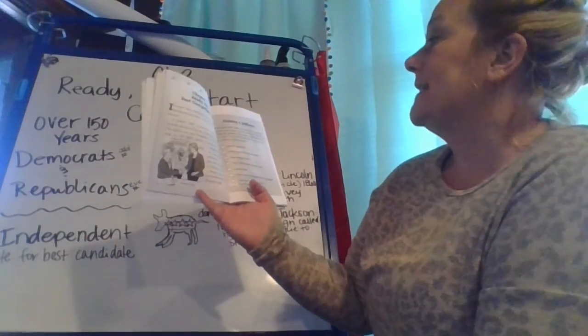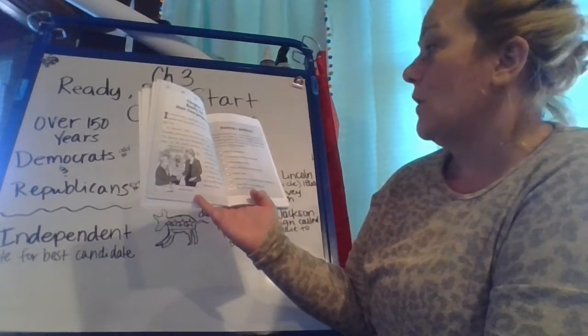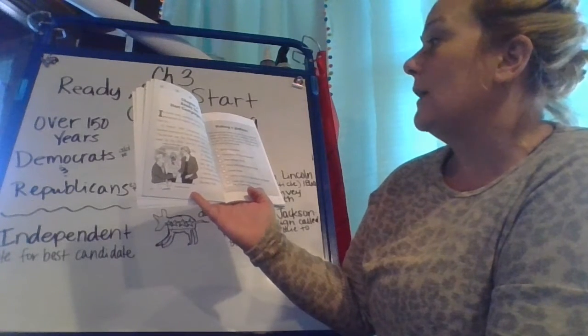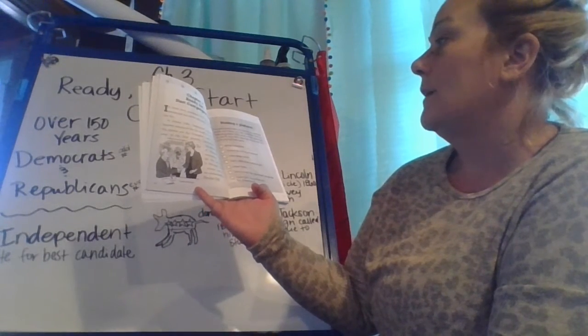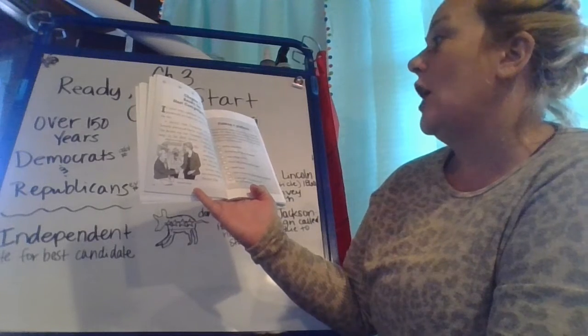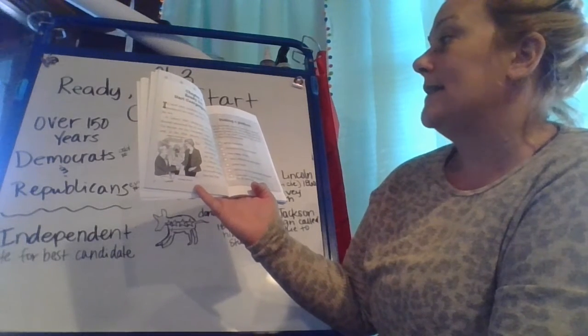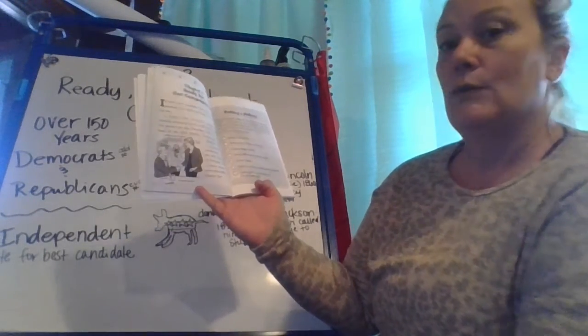Picking a platform. The candidates' ideas and opinions on important issues are known as their platforms. Rank the following issues 1 to 6 in order of their importance to you. If any aren't important to you, put an X on the box by those issues.